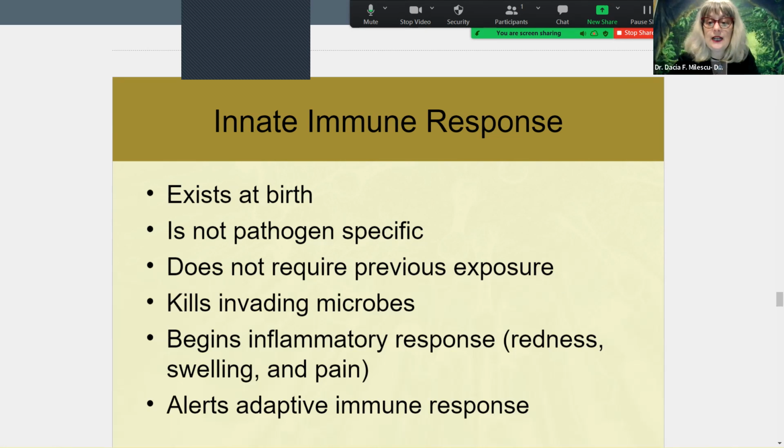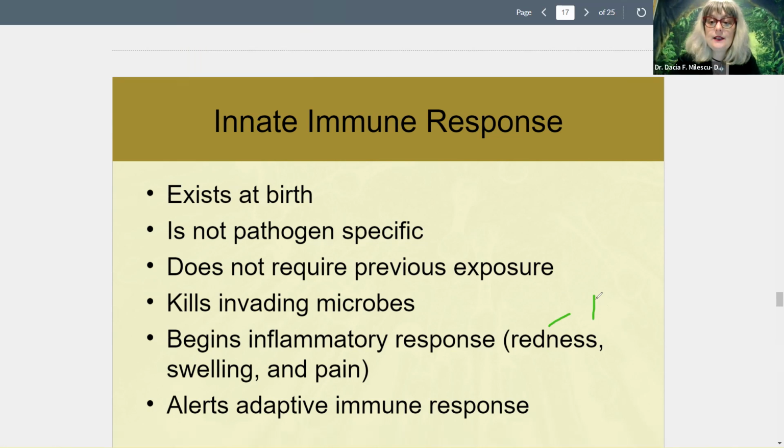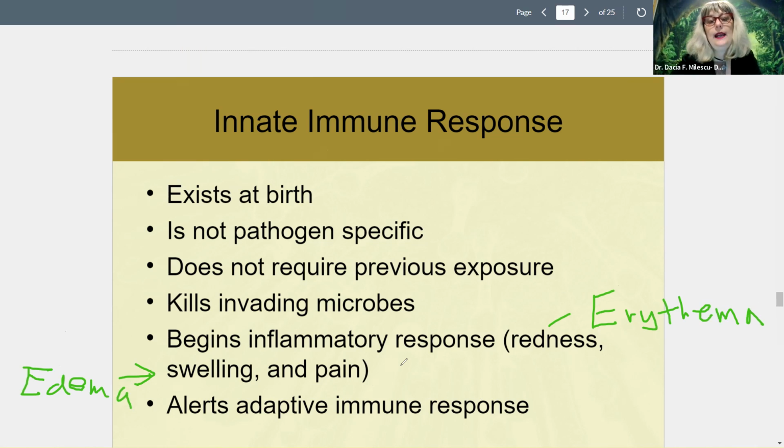So let me write those down for you. Redness is erythema. Swelling is edema. Pain is dolor.